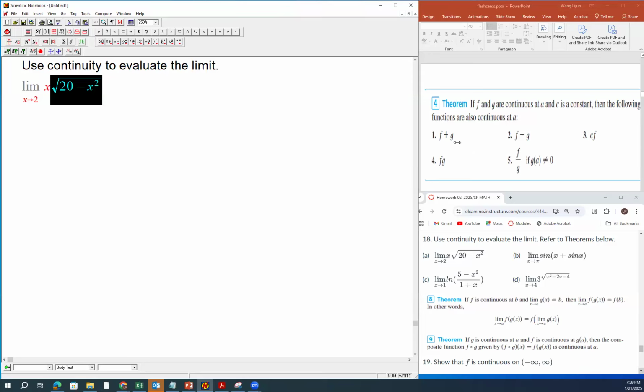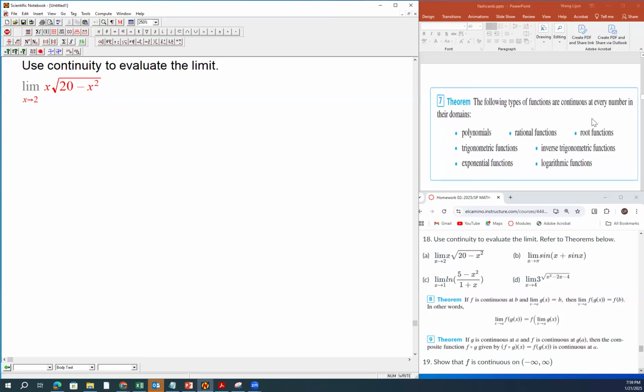Now the question is, are both functions continuous at 2? Well, the polynomial x is continuous everywhere. The question is whether root of 20 minus x squared is continuous at 2. This requires us to use all of these nice properties.